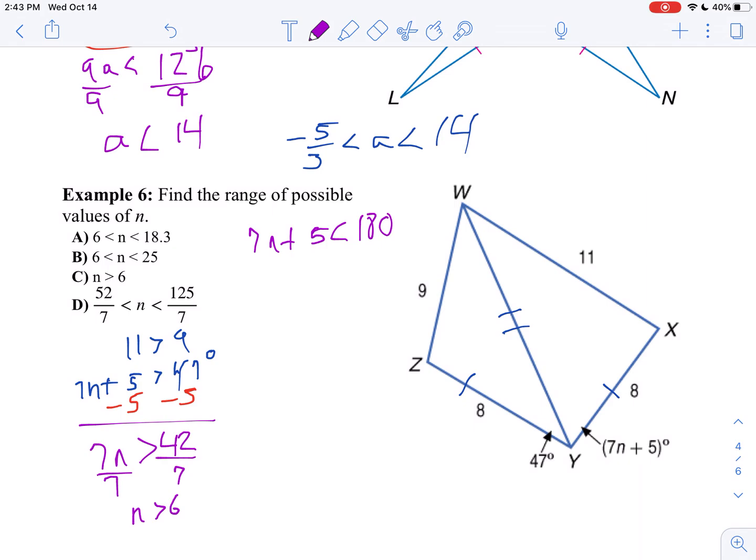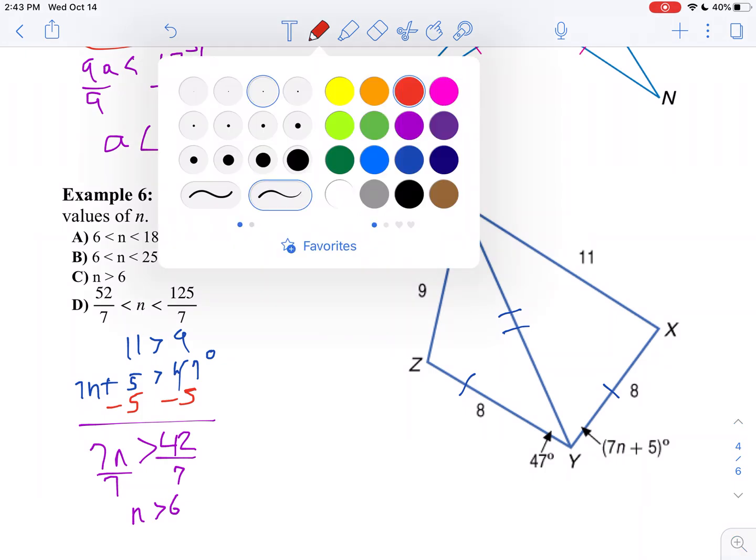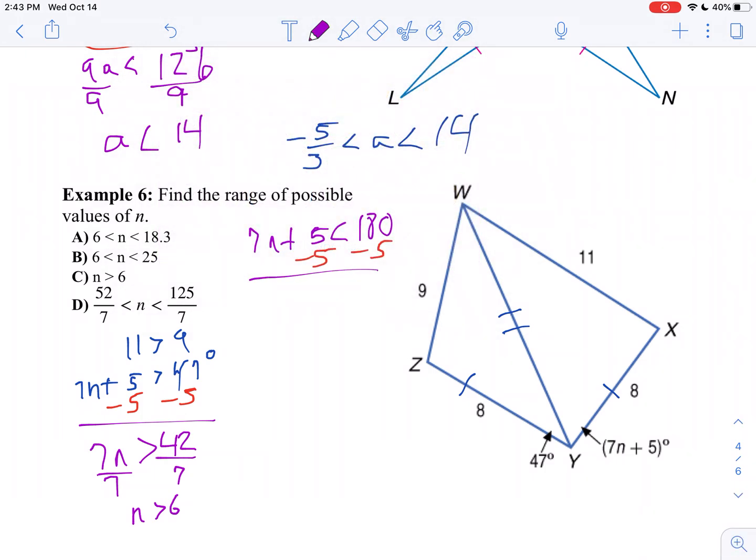Well, we can subtract 5 from both sides. And we get 7n is less than 175.